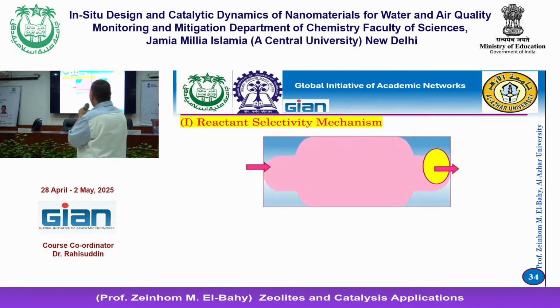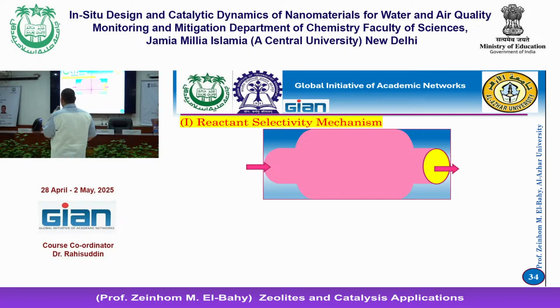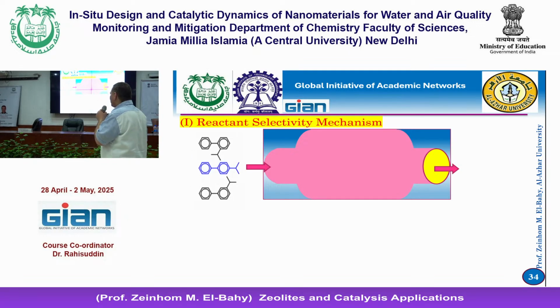If this is the cages or channel of a zeolite, and you just entered these three reactants, of course only the middle one will be able to enter this channel and go inside and make the reaction, and then leave the channel or the zeolite, forming the product like this.